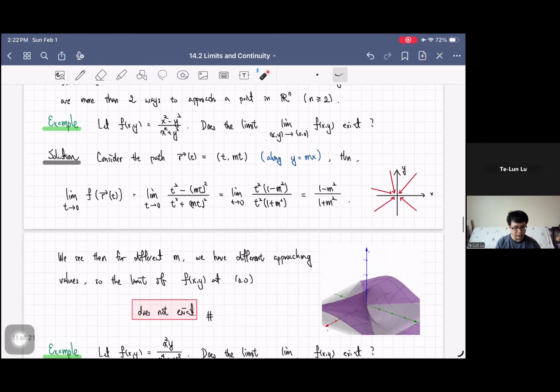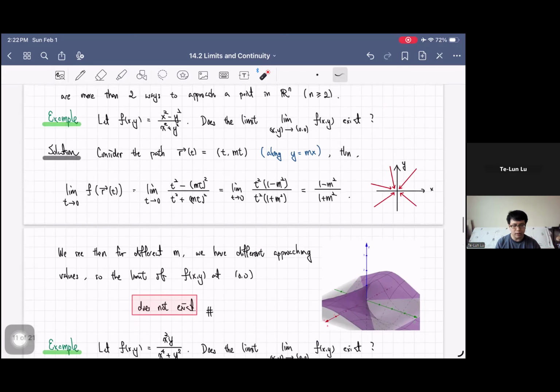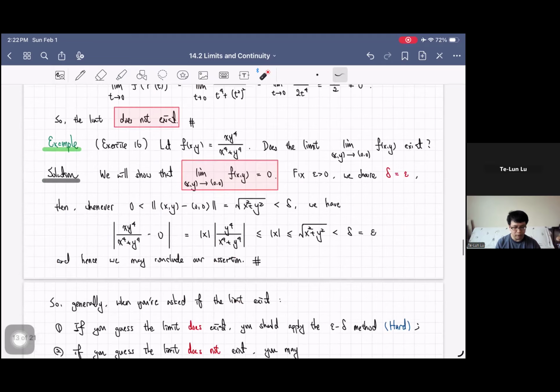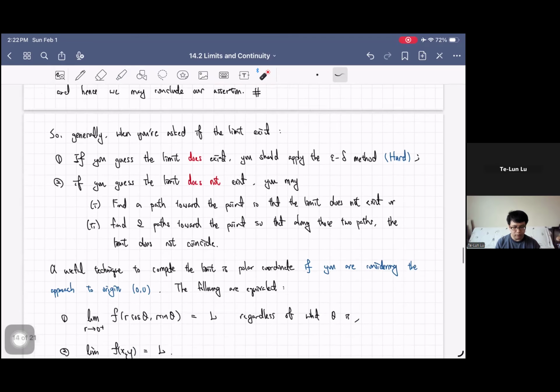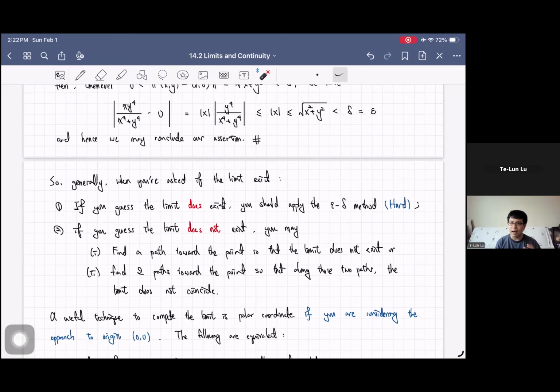And we argued in 4 examples that you can argue existence of a limit either by definition, which is epsilon-delta and kind of hard, or you can apply polar coordinates in a 2-dimensional case. If you want to show non-existence of a limit or discontinuity, then you can either find a path without a limit or find 2 paths with different limits.